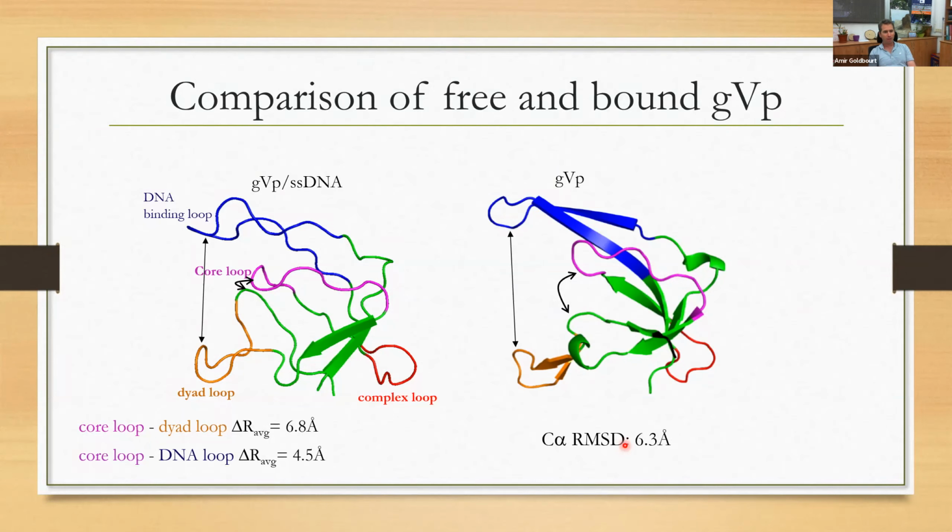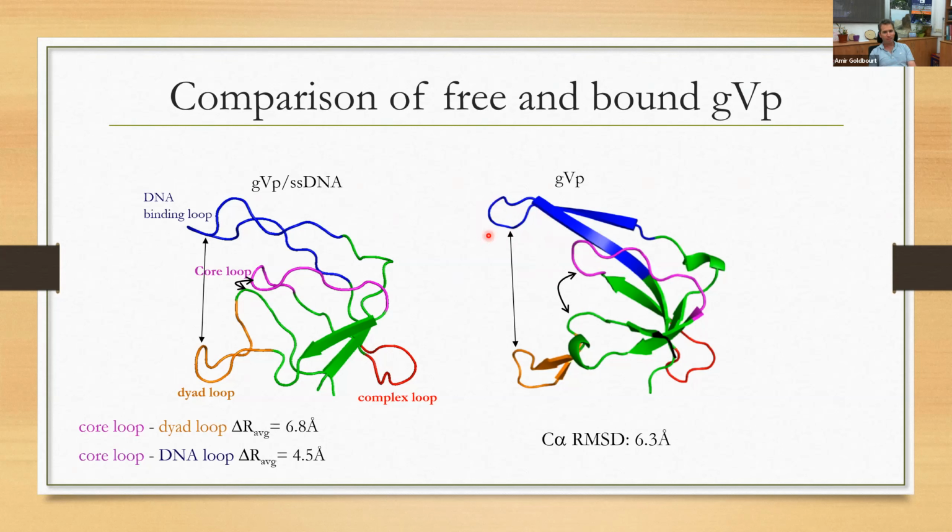And now there are a few things that we should notice carefully that happened. So these are the distances between the DNA binding loop and the different other loops. So this is the core loop, which had this huge torsion angle shift, and you can see the big change from here to here. You can look at the distances between the core loop and the diode loop, and the core loop and the DNA, which I didn't draw here.